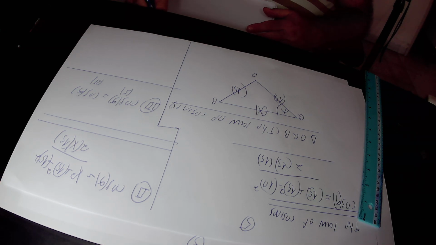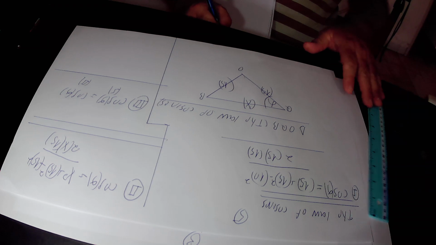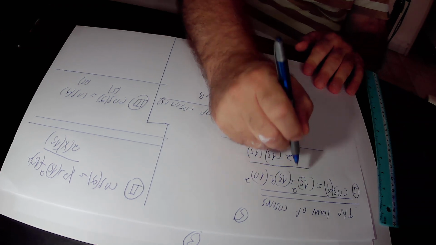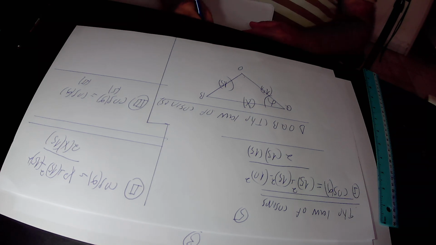Cosine alpha according to equation 1 is equal to 15 squared plus 15 squared minus 10 squared over 2 times 15 times 15.